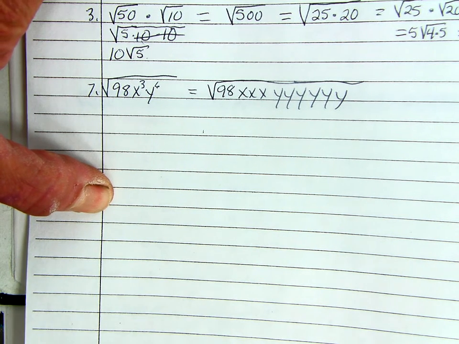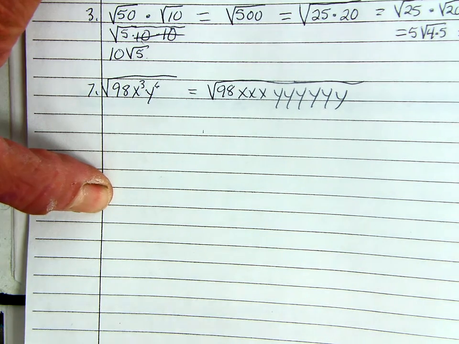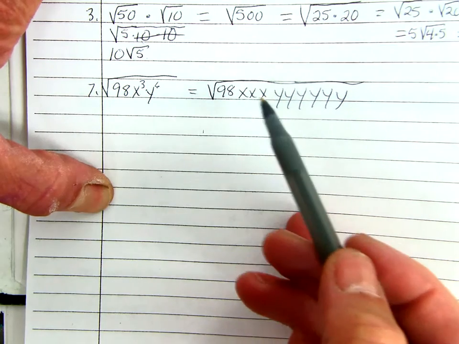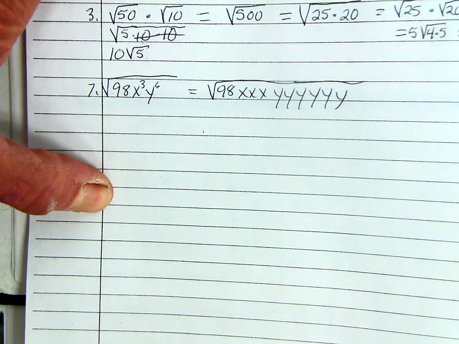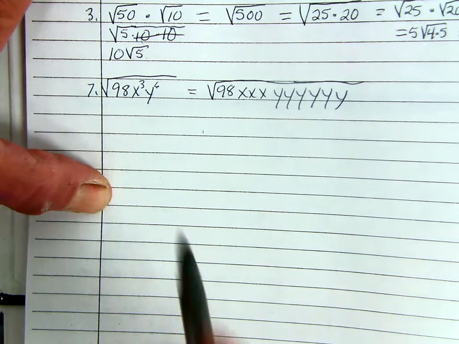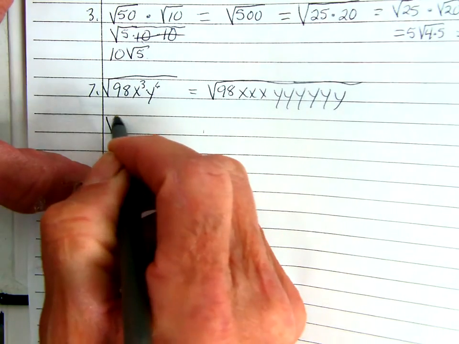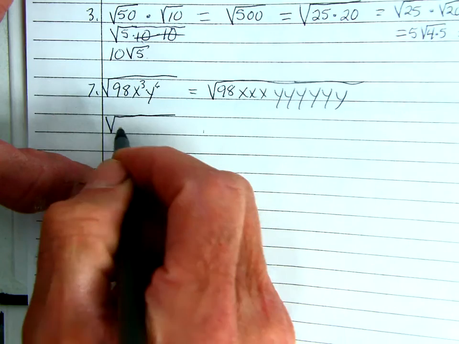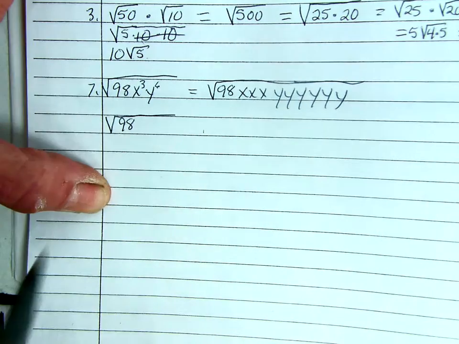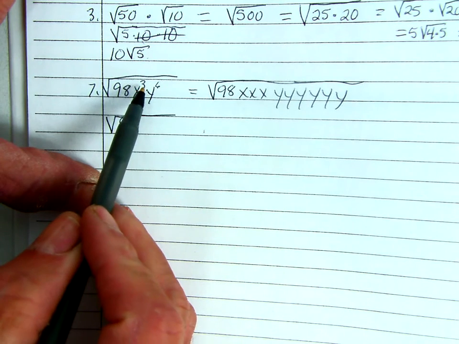You got 2 choices here. You can use division when you have variables, or you can spell it all out like we did right here and mark out the pairs as you go. If you use division, then you end up with 98. You take the power of the variable.